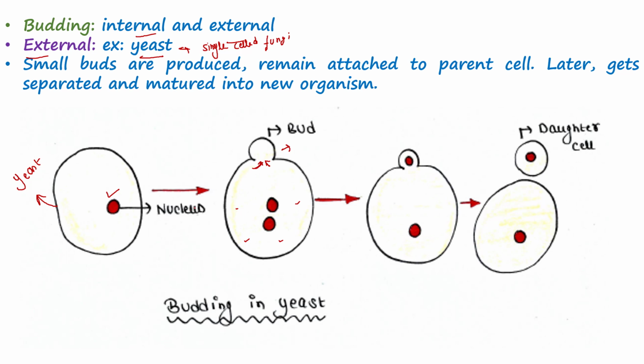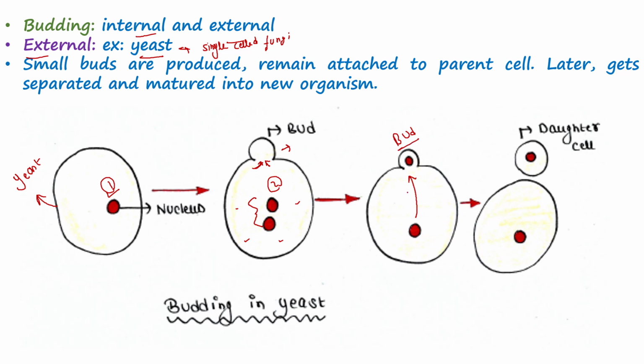Now the nucleus gets duplicated. We had 1 nucleus here, now we have 2 nuclei here. And the daughter nucleus that is newly generated will move toward the swollen part, and this is now called a bud.